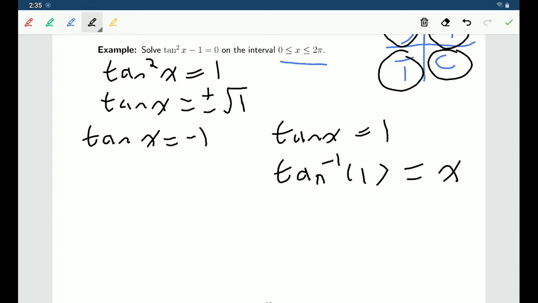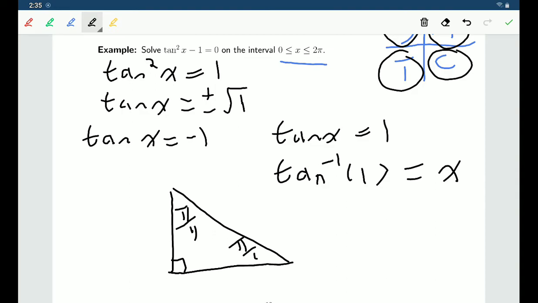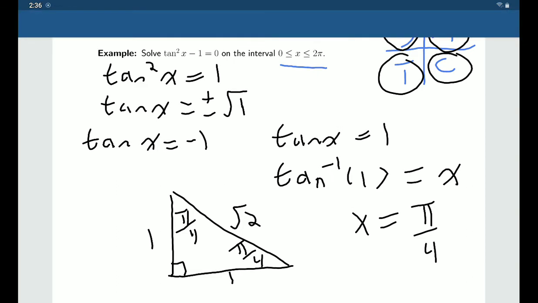And if we're thinking about our special triangles for just a moment here, we know that 1 as a value for tangent shows up for the 90, 45, 45 triangle, whose side lengths are 1, 1, and root 2, and that it's tangent of 45 that gives us opposite over adjacent, 1 over 1, which is just 1. So there is one solution that I can find right away with my special triangles, which is pi over 4. And that's because tangent of pi over 4 is equal to +1.